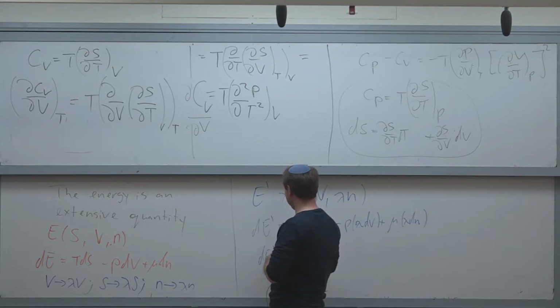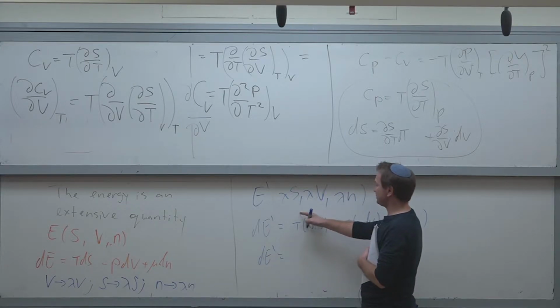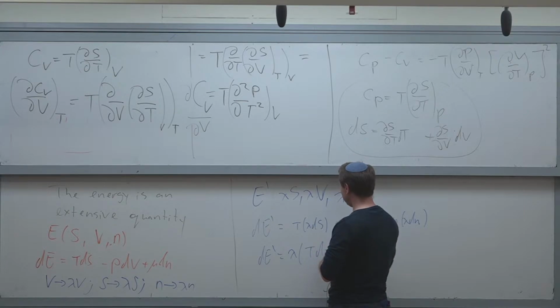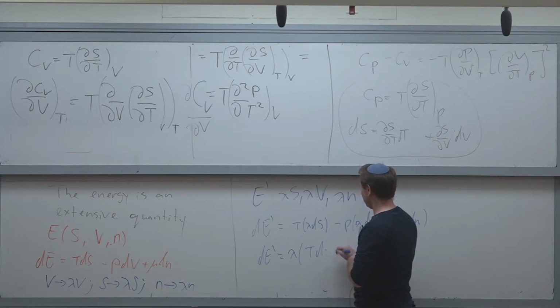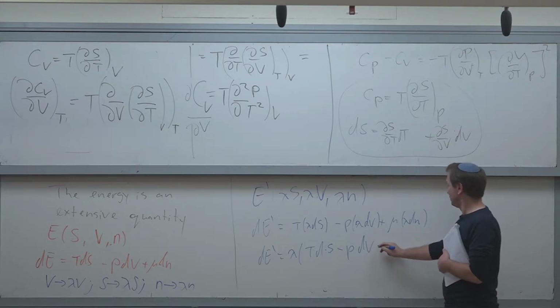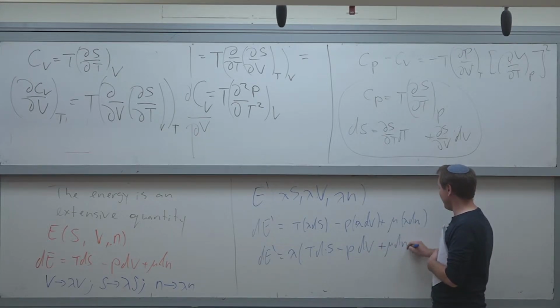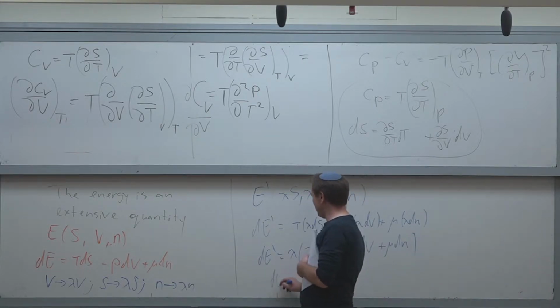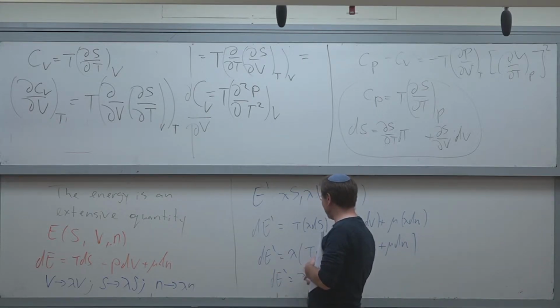You can take this lambda out, so dE prime equals lambda multiplied by TdS minus PdV plus mu dN, and we have that dE prime equals lambda dE.